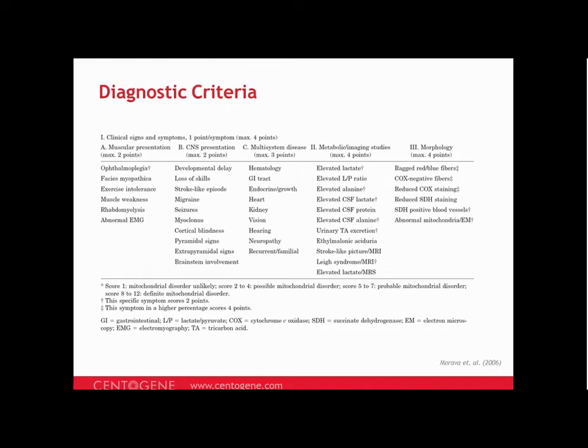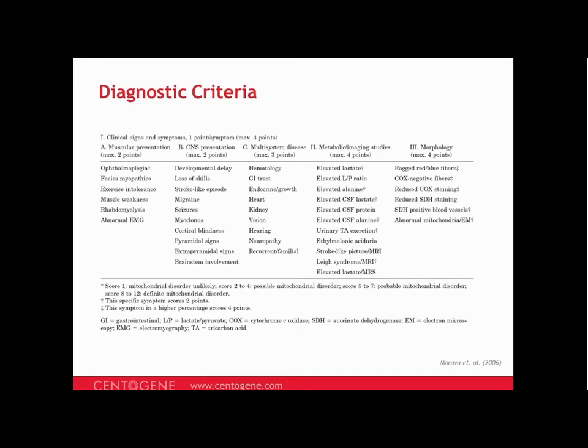There are also other specific findings carrying high points, and I would like to mention them because they're quite suggestive of a mitochondrial disorder: ophthalmoplegia, elevated plasma lactate levels, elevated cerebrospinal fluid lactate and alanine levels, and urinary titratable acidity excretion.